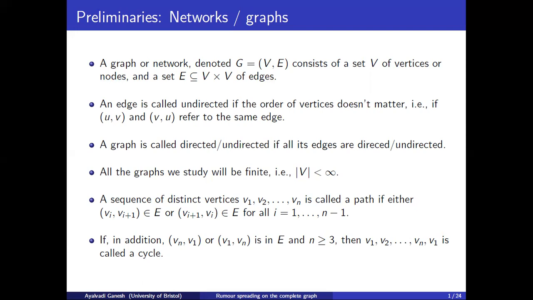So if I go from V1 to V2 and come back from V2 to V1, I don't call that a cycle. A cycle must have at least three distinct edges along it. And again, we don't allow vertices to be repeated in our definition of a cycle. So that's a path and a cycle.